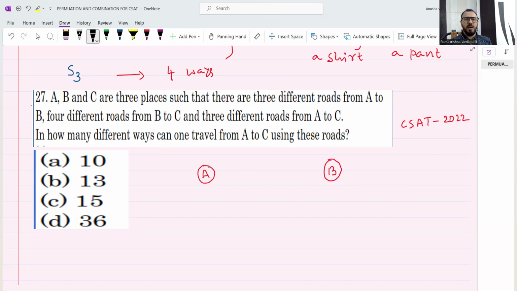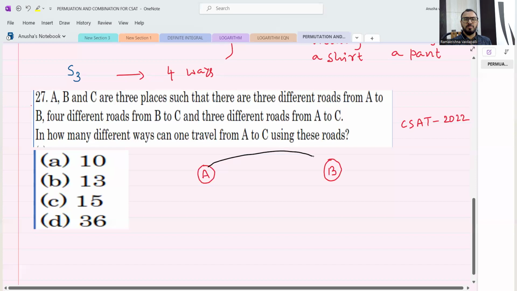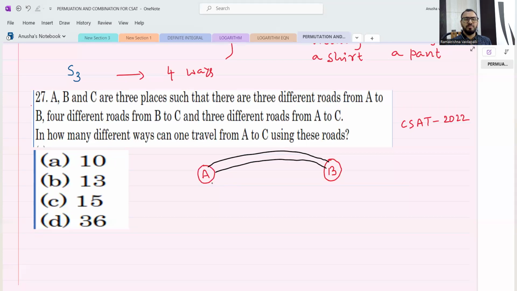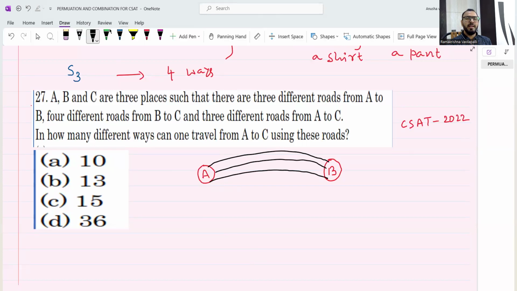From A to B, there are 3 different routes: 1, 2, and 3. And from B to C, there are 4 different routes.